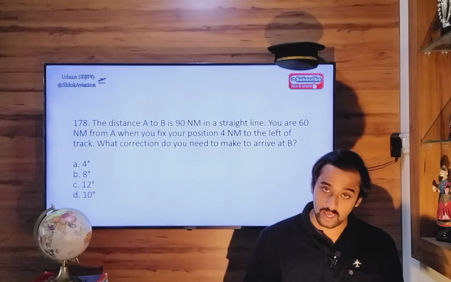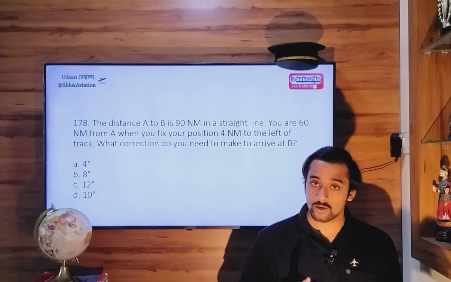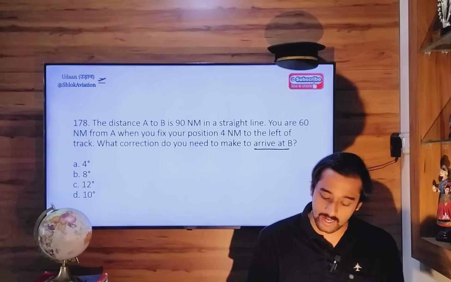You are 60 miles from A and you are 4 miles to the left of track. What correction do you need to make in order to arrive directly at B?